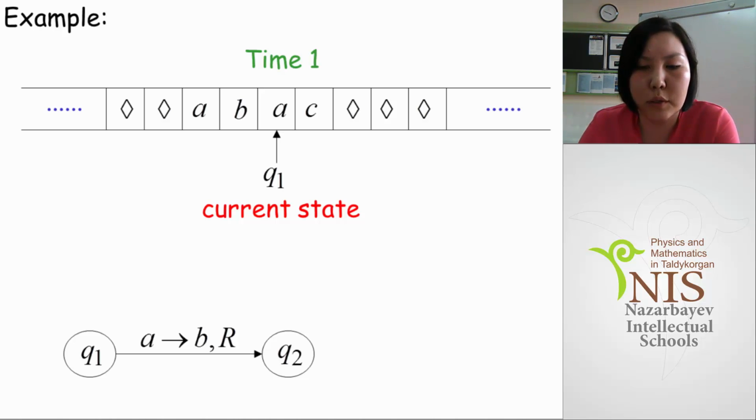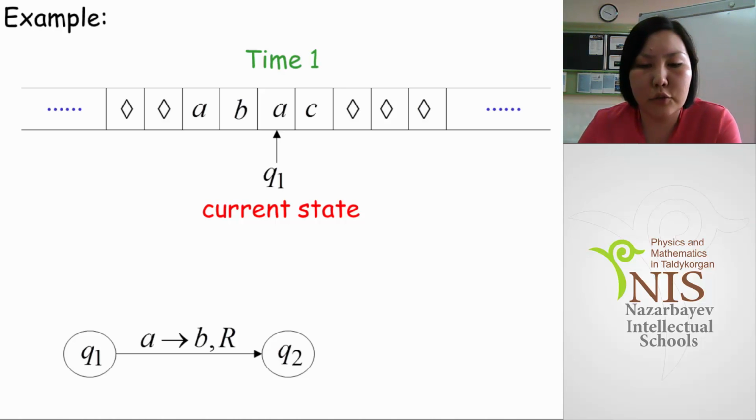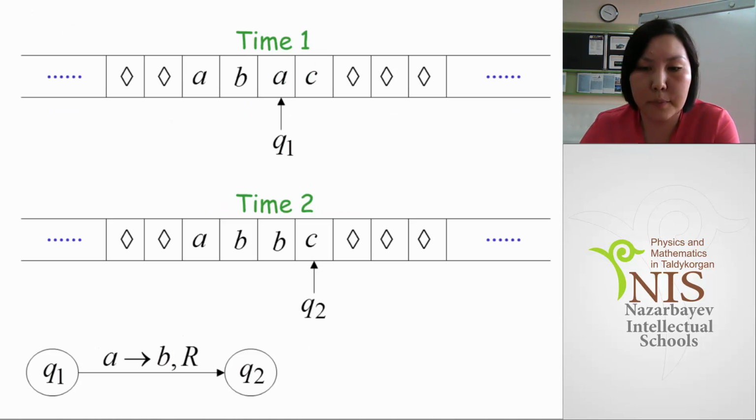What we have to do: if the state is Q1 and it reads the letter A, it has to change the letter A to the letter B, move right, and change the state to Q2. Here is the result. You can see that our head moved to the right and changed the letter.